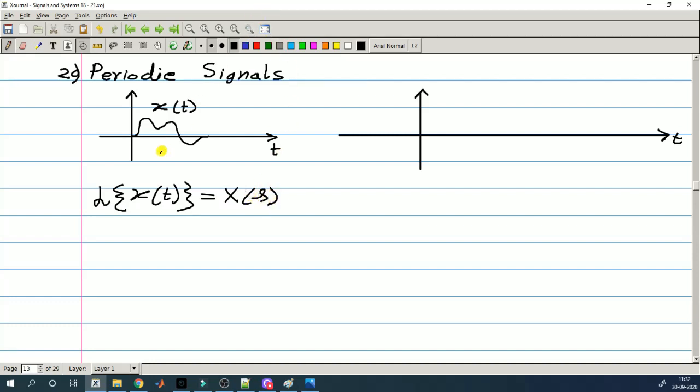Now let us copy this signal and let us repeat this pattern again and again to make a periodic signal like this.